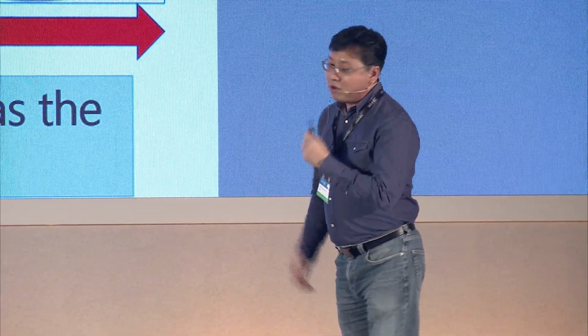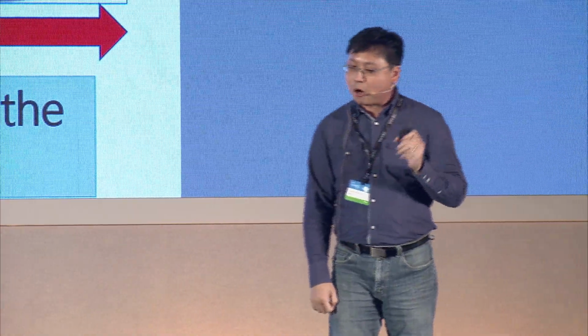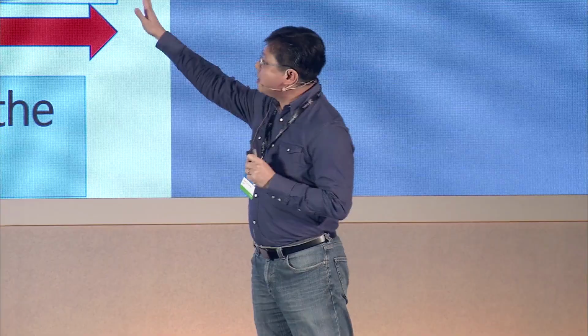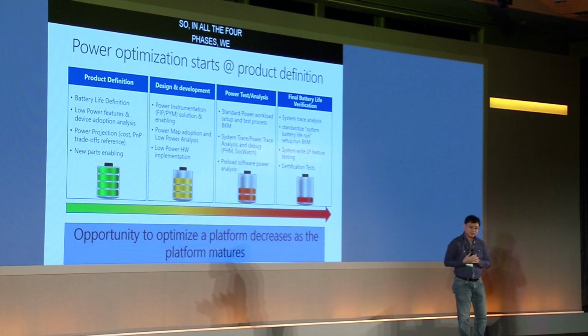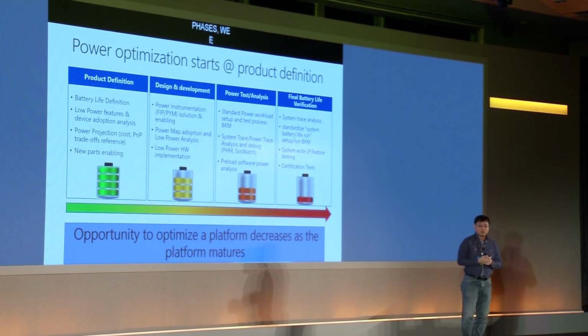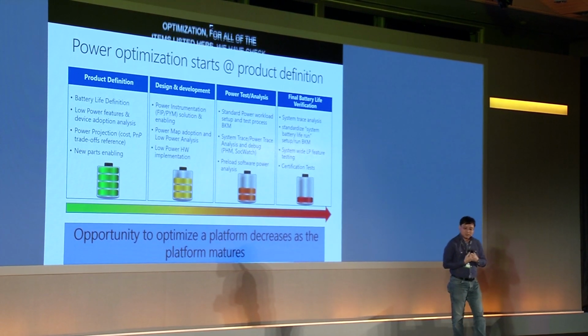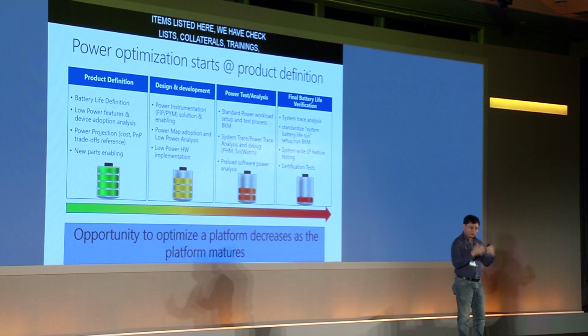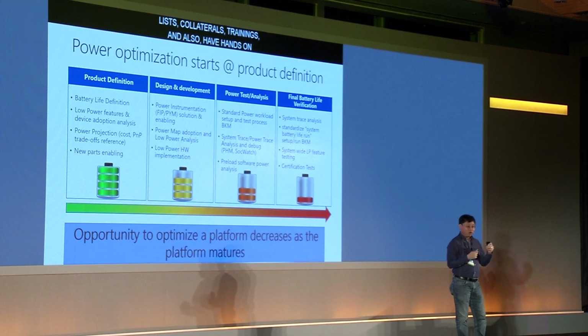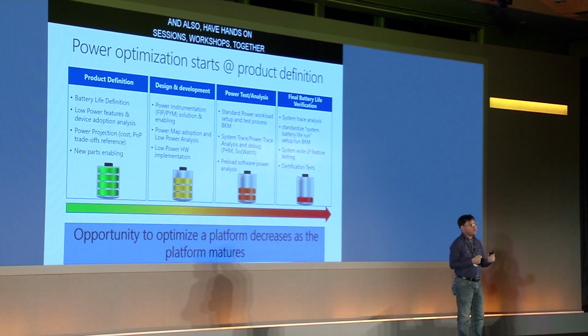In all these 4 phases, we do power optimization, we do battery life optimization. For every item listed here, we provide the respective tools, checklists, collaterals, trainings, and also have hands-on sessions and workshops together with our partners, which are you all, to help you optimize your designs to meet the battery life requirements.